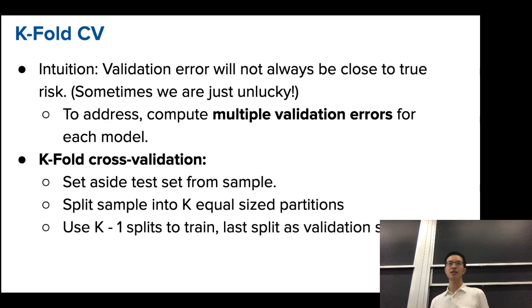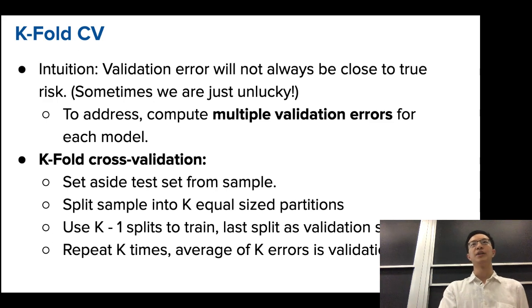Now we have 3 splits, and we use k minus 1 of them to train our model, and the last split as our validation set. Because we have k splits, we can repeat this procedure k times, once for every partition, and the average of those k errors is our validation error.